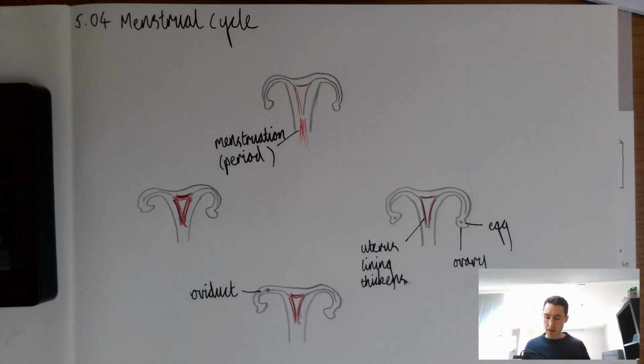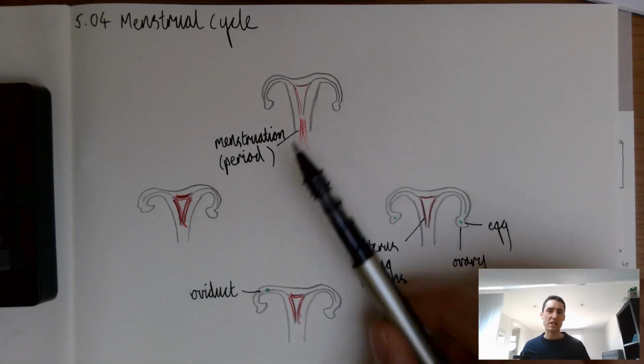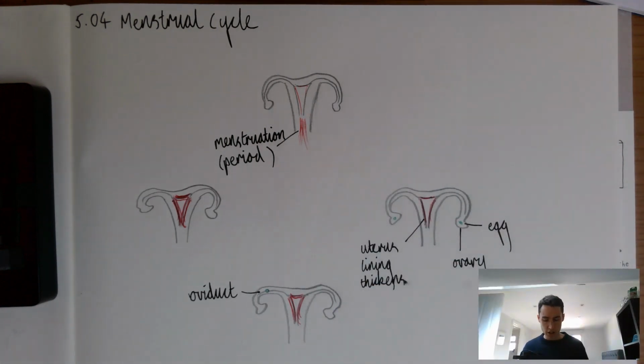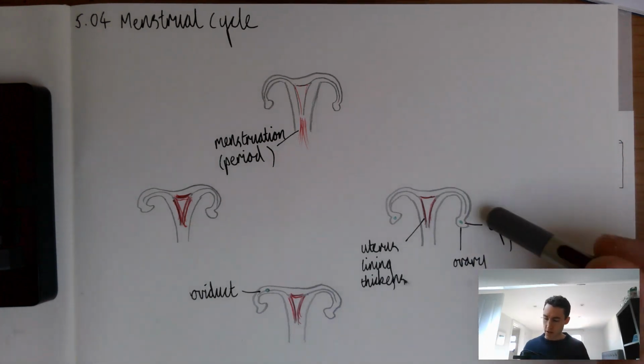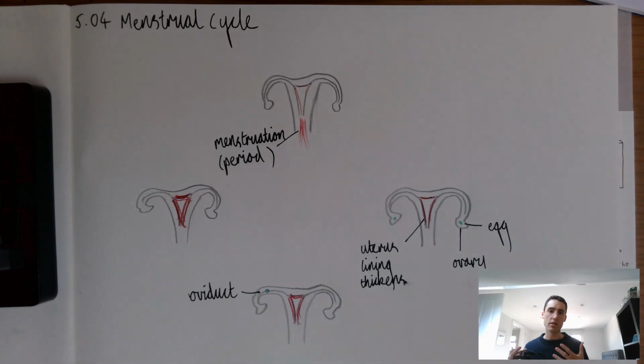Now, I said something about the female reproductive system realizing that fertilization hasn't occurred. This is a nice example of how a Key Stage 3 lesson on this topic is going to be different to a Key Stage 4 lesson on this topic. At Key Stage 4, we're going to talk about hormones. We're going to phrase all of this as FSH causing the egg to start being produced, and then estrogen is involved as well. LH triggers the release of the egg, and so on.